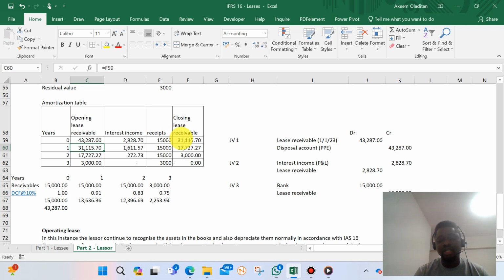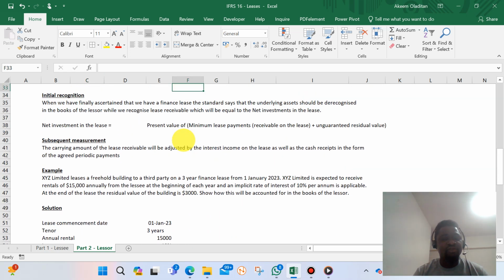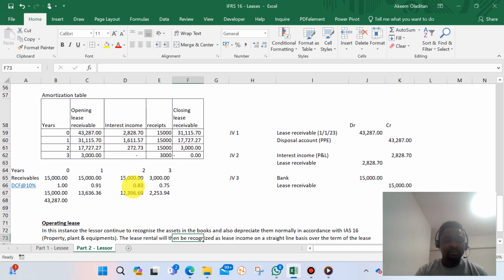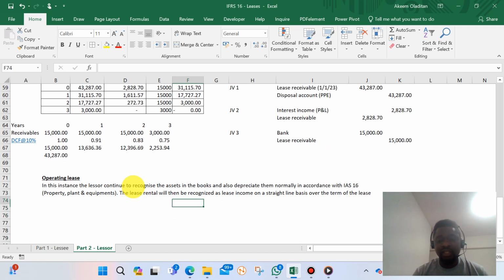This value of 31,115.70 will be the lease receivable as at 31st of December 2023, which is the remeasured value, just like what we said here, that the remeasured value, I mean subsequent measurement on the lease receivable amount, will be the carrying amount of the lease, add interest income here, then less cash received in the form of agreed periodic payments. So that is how we account for leases, I mean finance lease, in the books of the lessor.